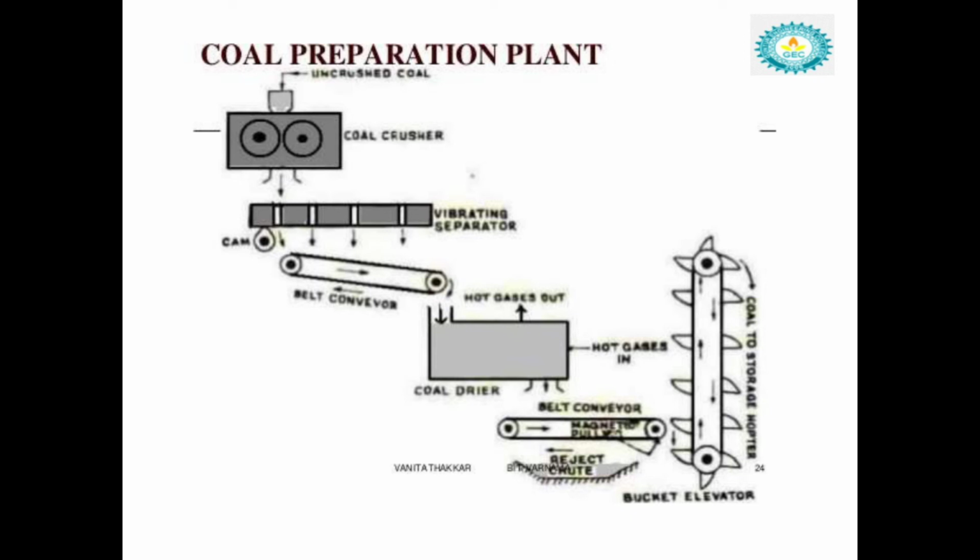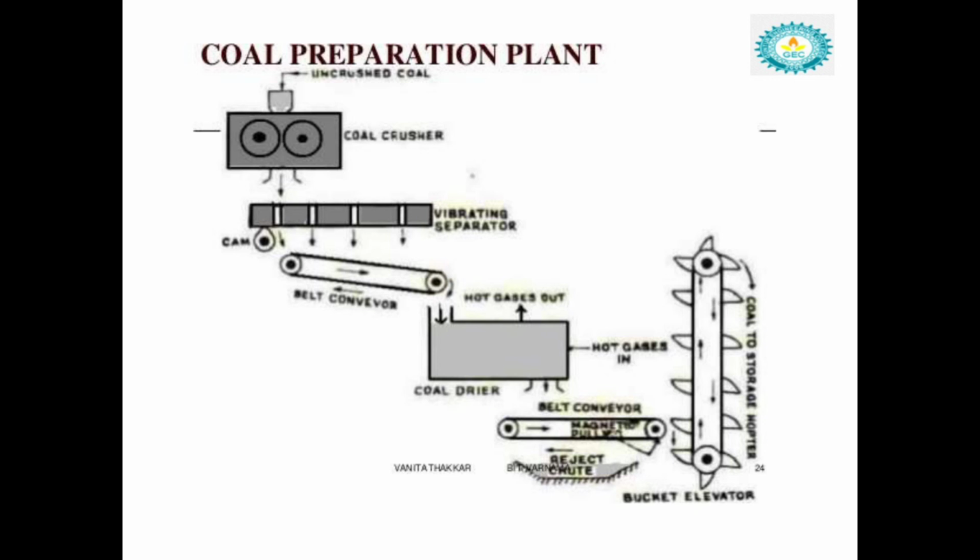That bigger size coal is again sent to the coal crusher. Here only the small or required size coal falls down on the belt conveyor. With the help of the belt conveyor, we transfer the coal to the coal dryers.